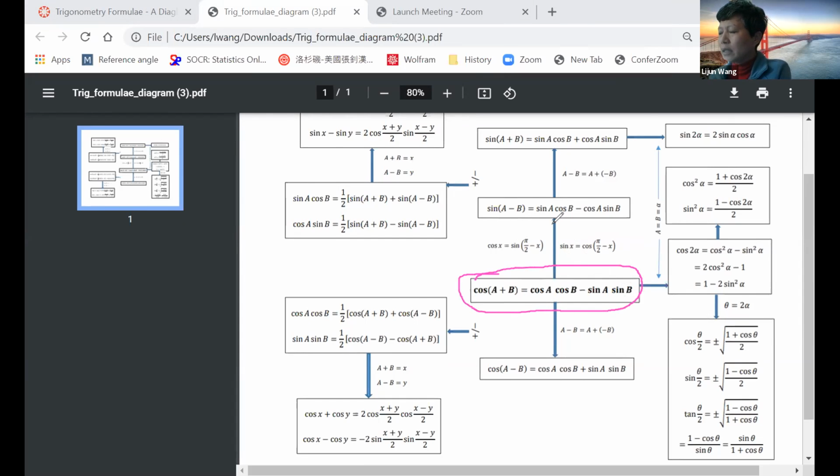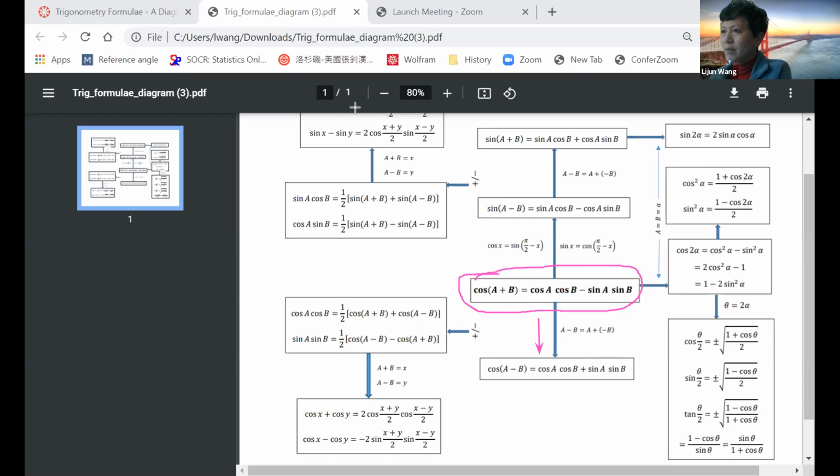And then these arrows show you how to go from here to the next place. For example, from this formula, you do some substitution and you get to the next one.